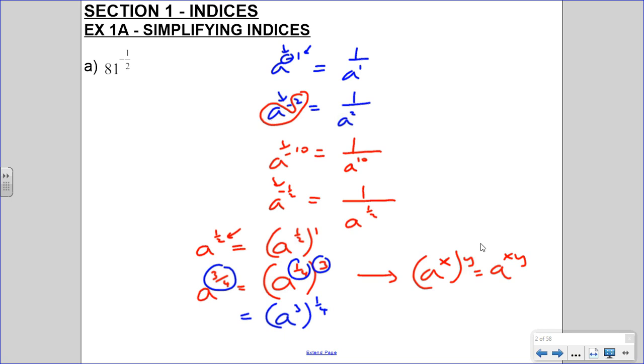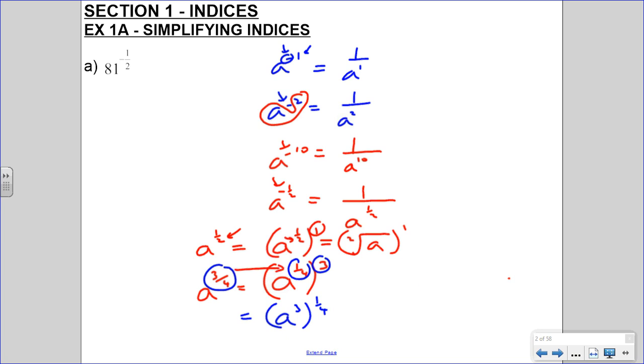So let's be clear about what we do with the fraction. When we have a to the half in this first example, the number on the bottom is 2, so that means the square root of a, and remember this is all to the power of 1 because we've still got this 1 on the outside. In our second example, we split that up into a quarter and then put the 3 on the outside. So what does a to the quarter mean?